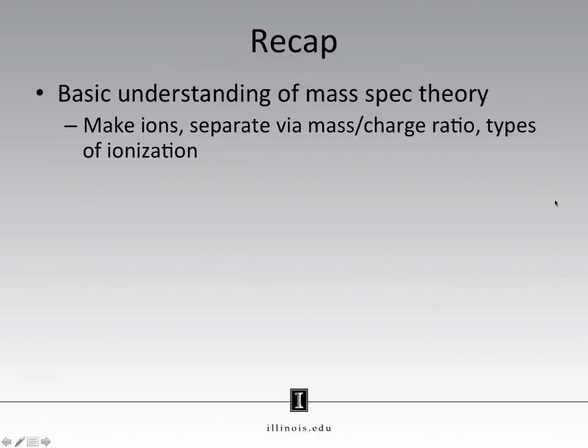That is the end of this webcast. To recap what we have discussed, I expect you to have a basic understanding of mass spectroscopy theory. Know that mass spectroscopy takes your sample and converts it into ions. Those ions are then separated via their mass-to-charge ratio, and depending on the type of ionization we use, we get different information.